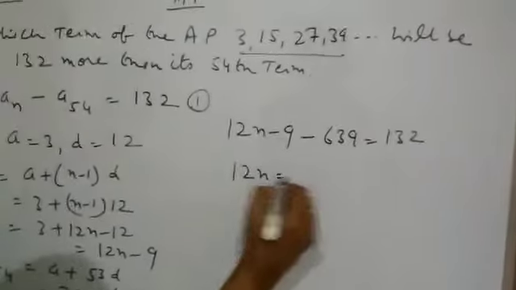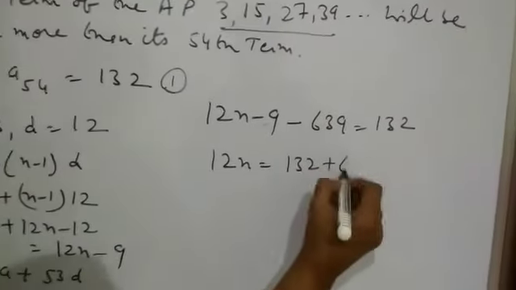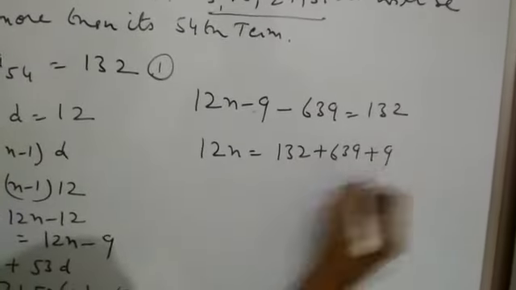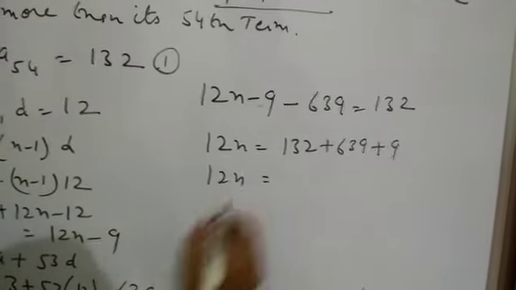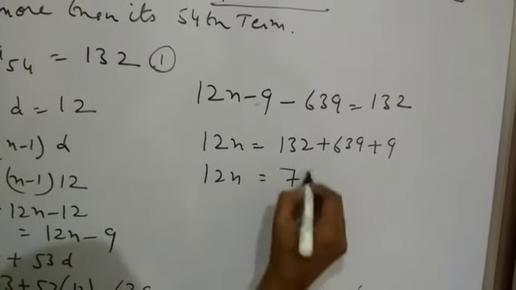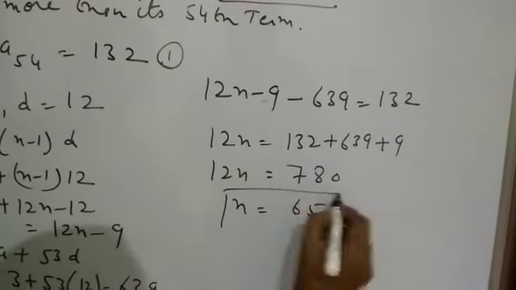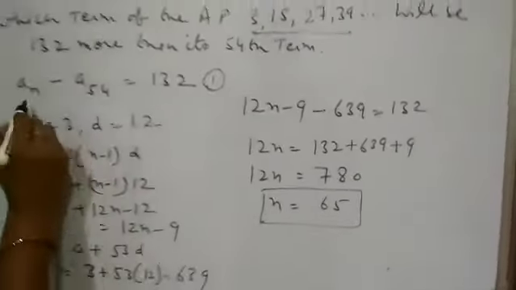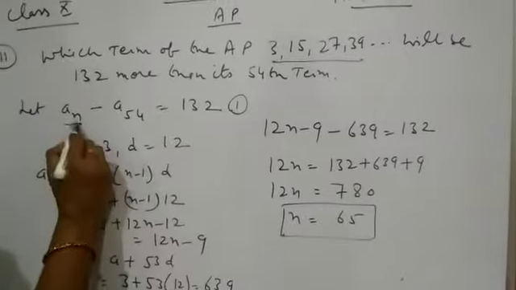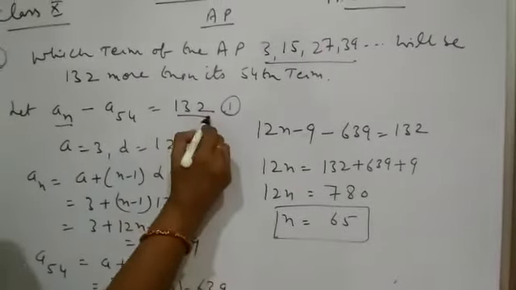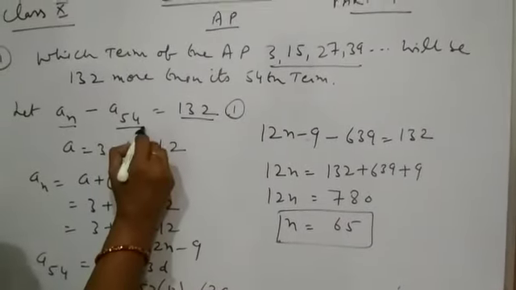So 12n will be 132 plus 639 plus 9. 12n is equal to 780 and n will be 65. So the 65th term of the AP is 132 more than its 54th term.